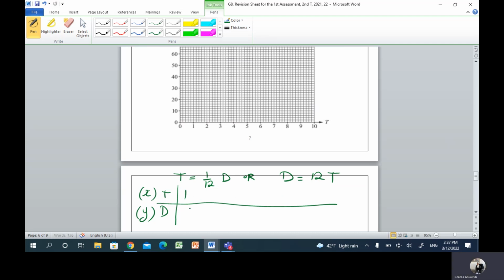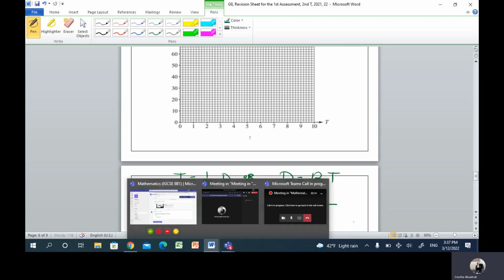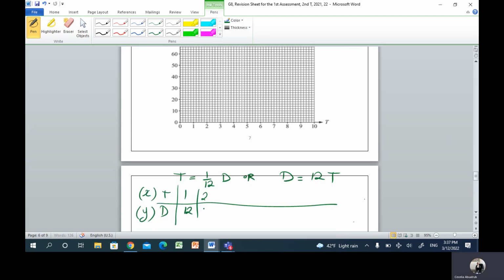12 times 1, the answer is 12. Let's say that you chose T as 2, so it will be 12 times 2, which is 24. Let's say that you chose T as 3, so it will be 12 times 3, which is 36.